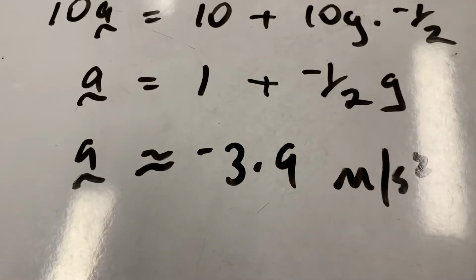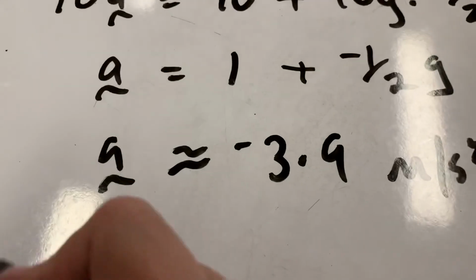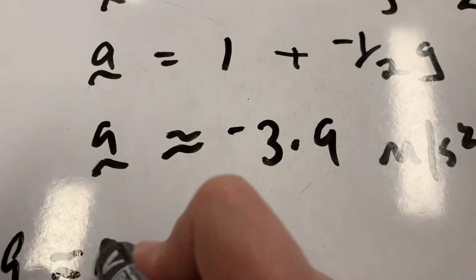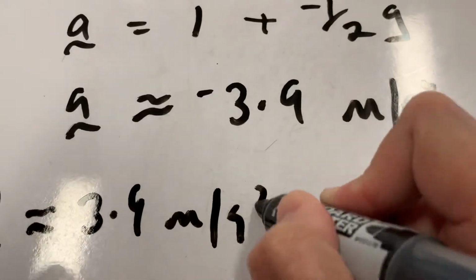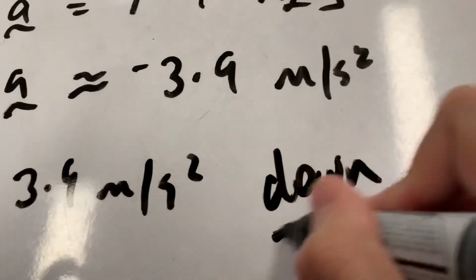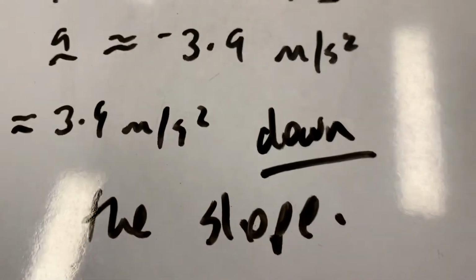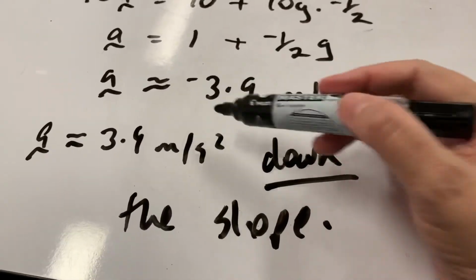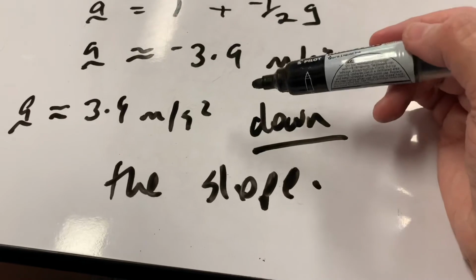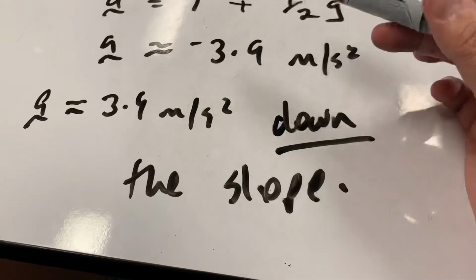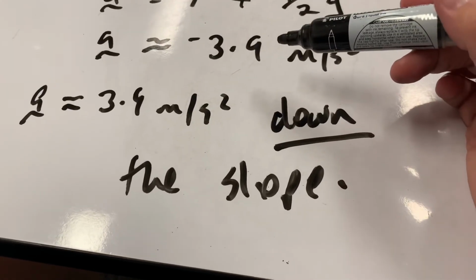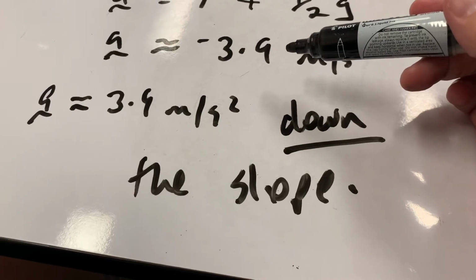What does that negative imply? So we could also write that the acceleration is approximately 3.9 meters per second squared down the slope. Okay, so that negative is just giving us direction, because remember, acceleration is a magnitude and a direction. So we're going down the slope.